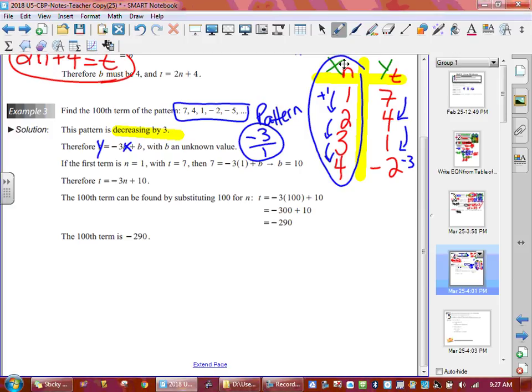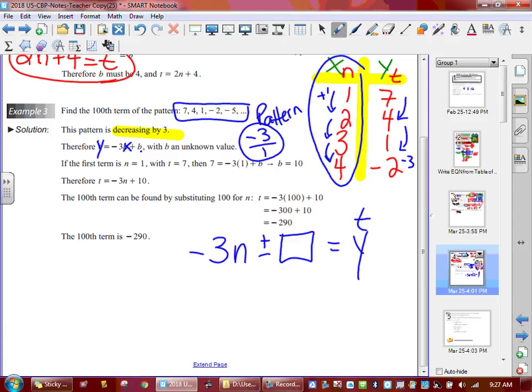So this is now going to be -3n, plus or subtract a number, which they call b here, equals my y number, which is t. Y or t you could call it if you want to call it t. So here's our generic equation. We have to figure out what they're adding or subtracting to get to that next number. That's what our job is right now.